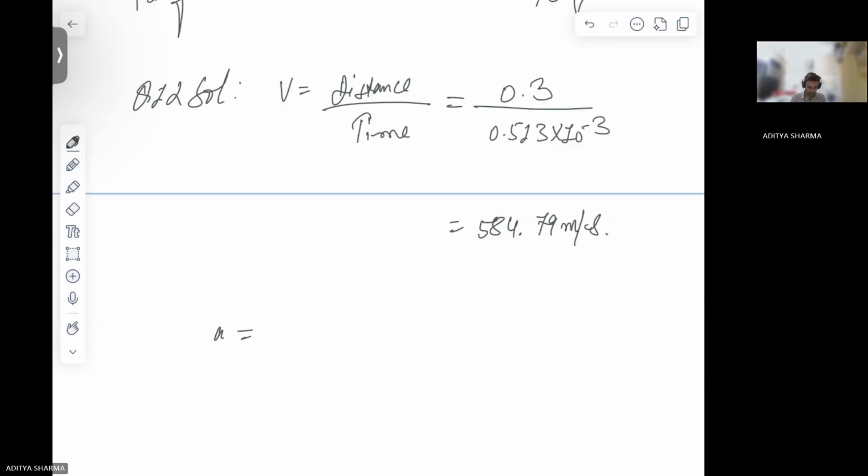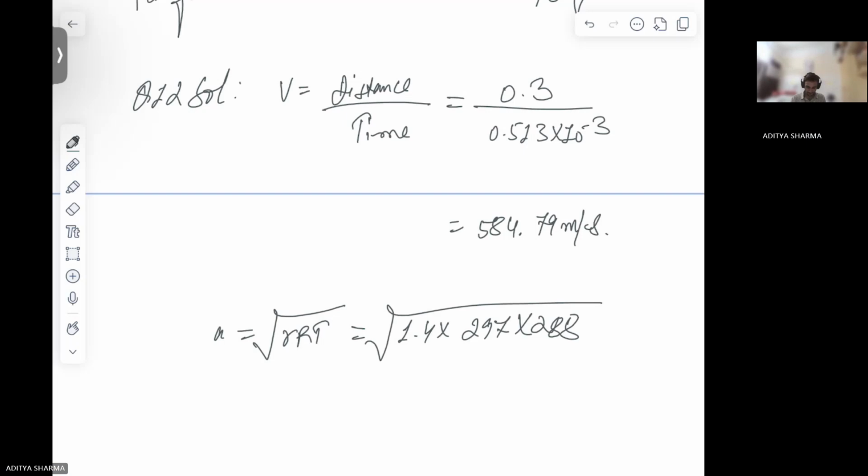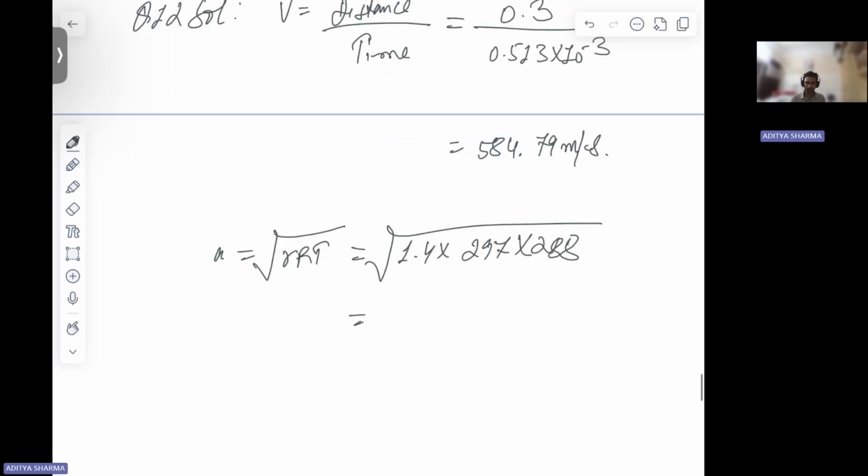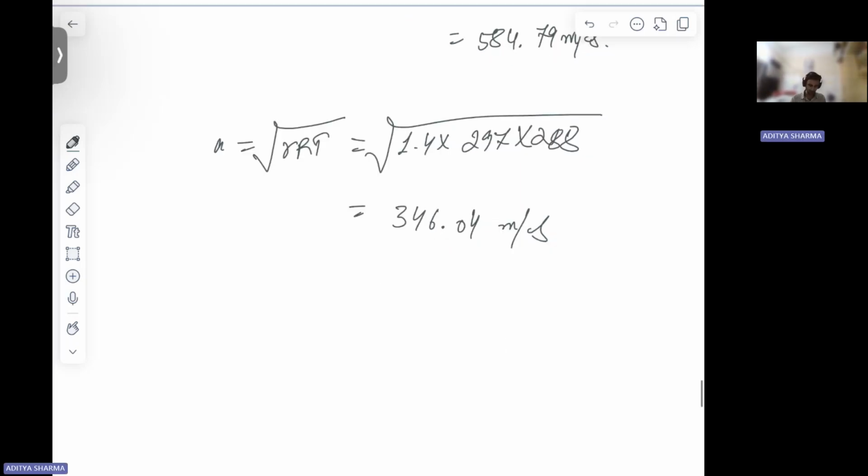Now, the acoustic speed is, R is 297 given, T is 288 given. So if you calculate this, it will come out to be this much, right?